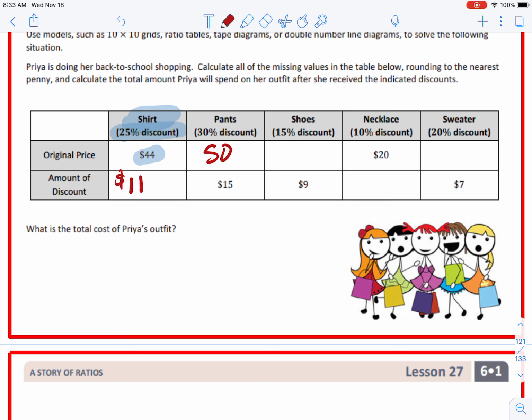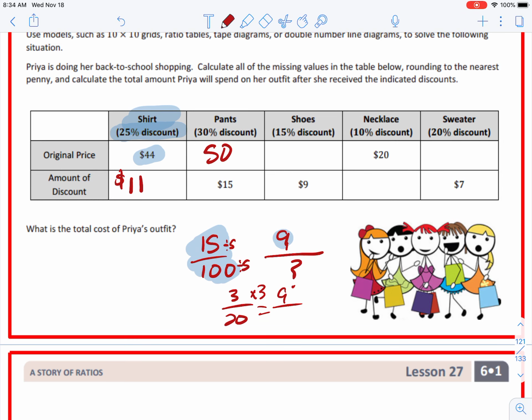I have 15 over 100, and that 15% is going to compare to $9, and I'm missing the original price. Well, are we able to compare 15 and 9? We aren't, so I have to reduce this fraction to a number that can compare to 9, and that's going to be 3, so I have to divide both of these by 5. When I do that, I get 3 over 20, which gives me 9 over blank. I'm multiplying by 3 here, so I'm going to multiply by 3 at the bottom, and our original price is $60.